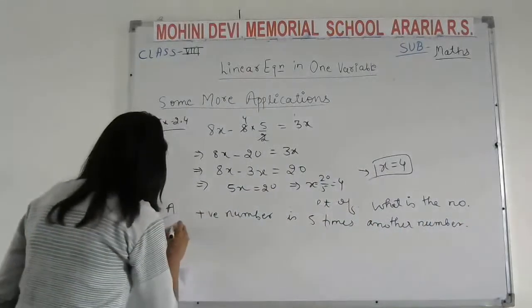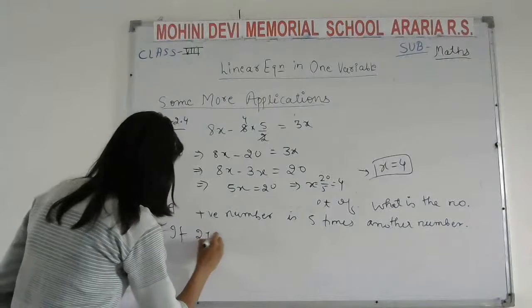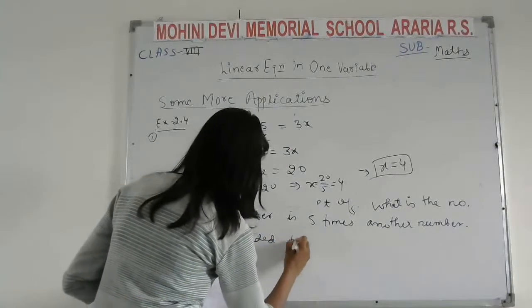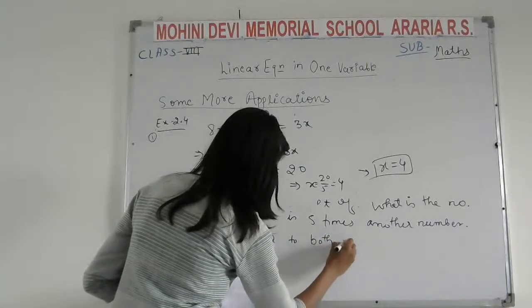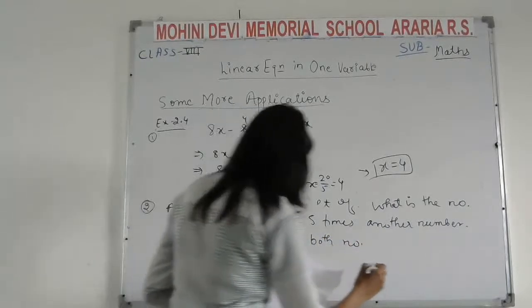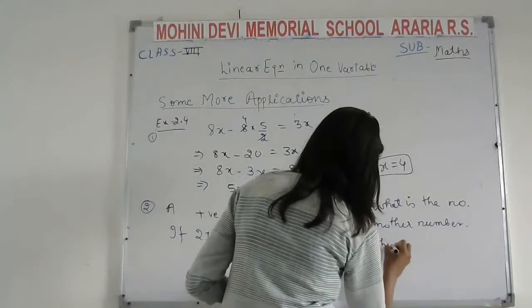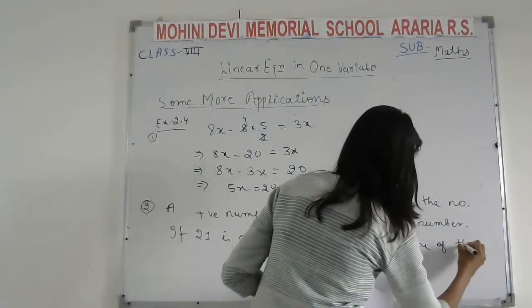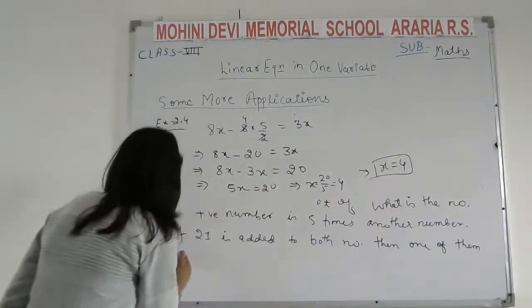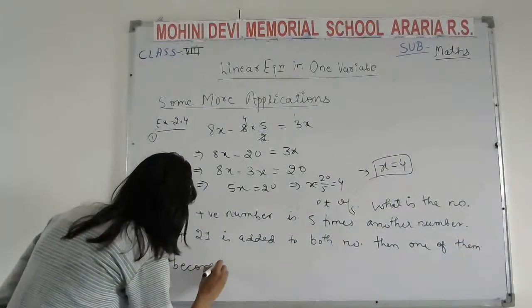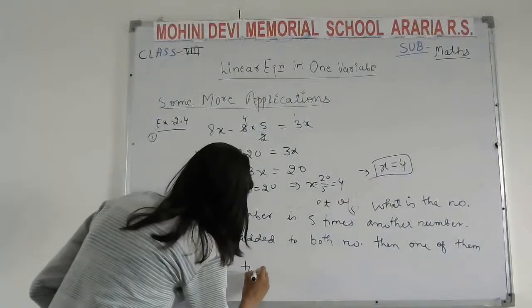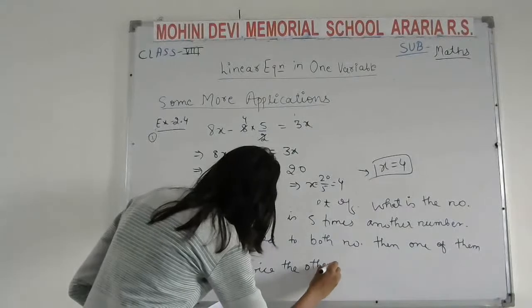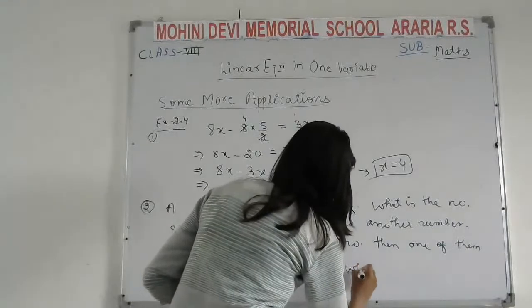If 21 is added to both the numbers, then one of the numbers, I'm writing down, becomes twice the other. What are the numbers?